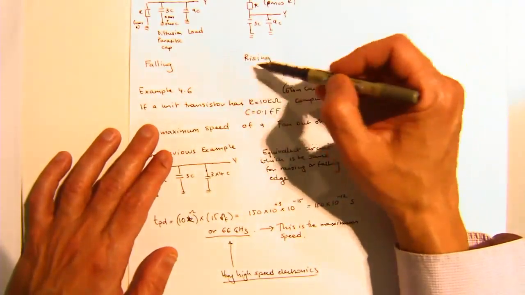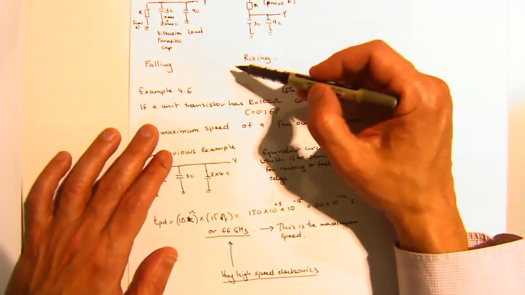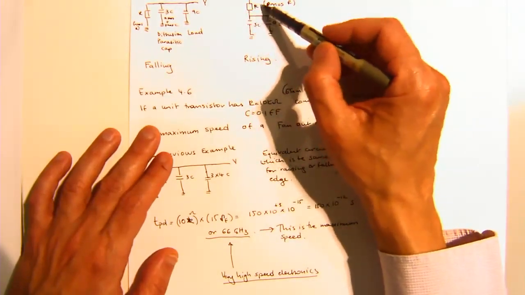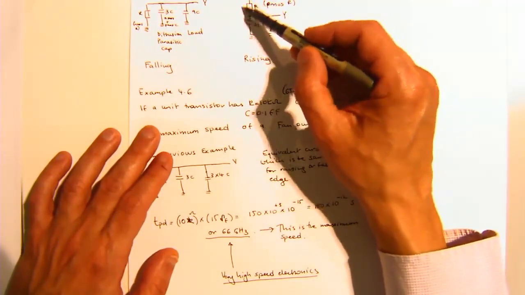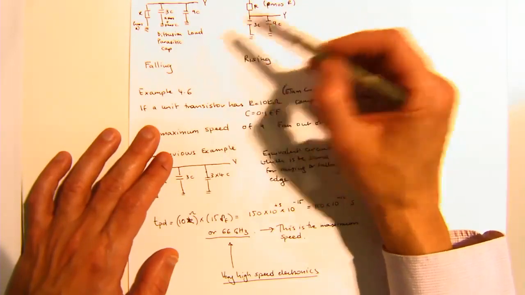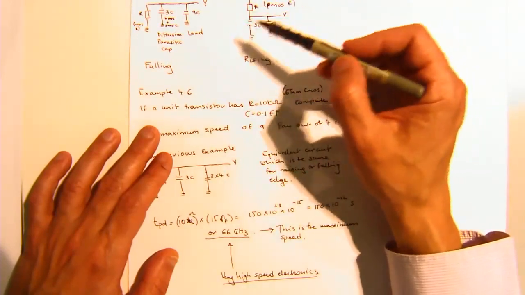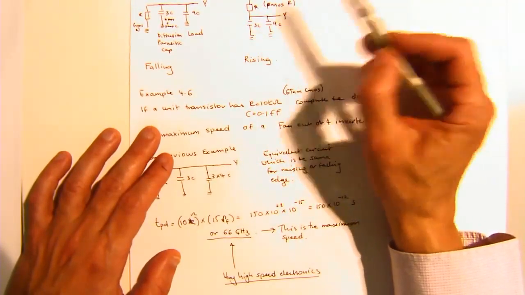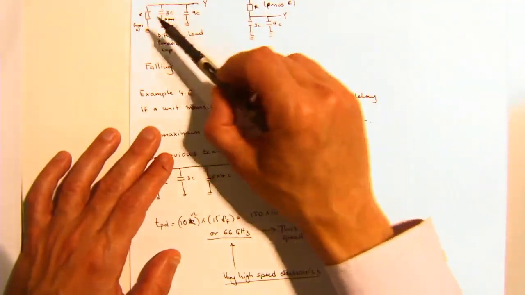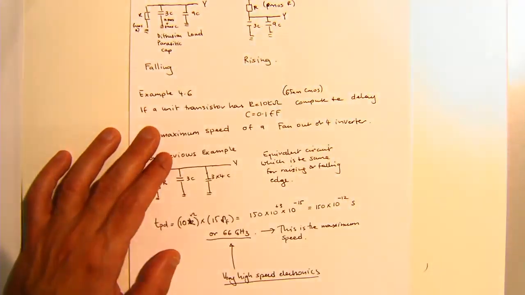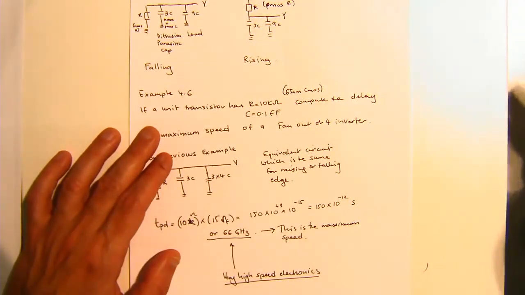Whereas on the rising edge, the NMOS device is off, the PMOS device is on, and that's why this R represents the resistance of the PMOS device. Here I've chosen them both to have the same resistance, but this R and this R, even though they have the same value, are due to a different transistor, right?